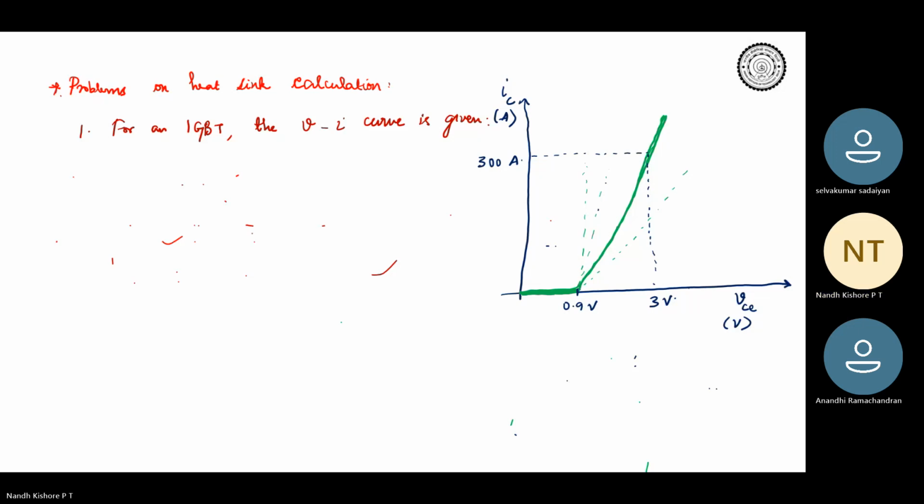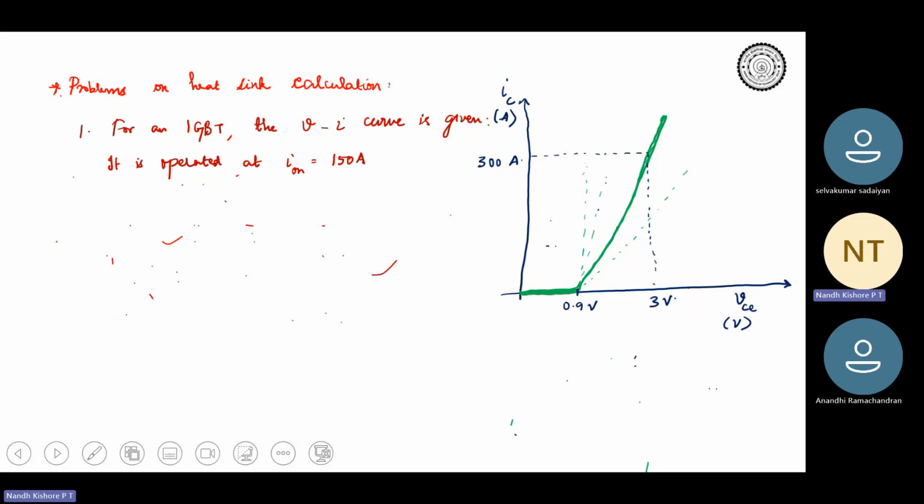Now in the problem, the IGBT is operated at an on-state current of 150 amperes. Let's say it's operating in a buck converter, a switching converter, with a duty D equal to 0.5.